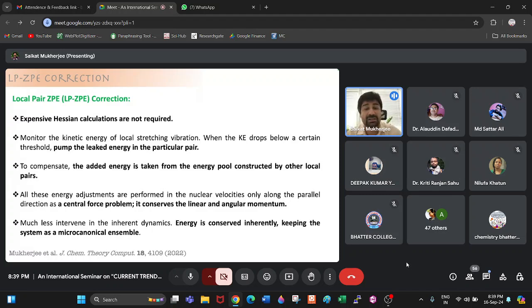So energy is conserved inherently, keeping the system as a microcanonical ensemble. My total energy is always constant, as it should be. And all the corrections I am performing are in the nuclear velocities, only along the parallel direction. So, as you can easily understand, it is a central force problem, right? So it inherently conserves the linear and angular momentum.